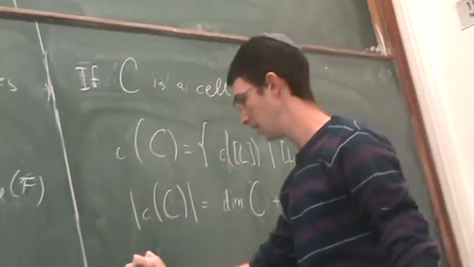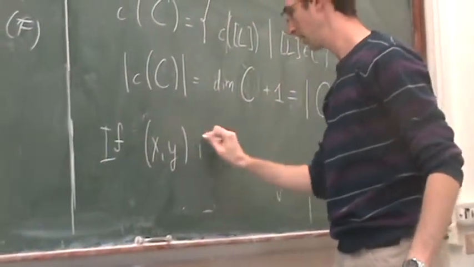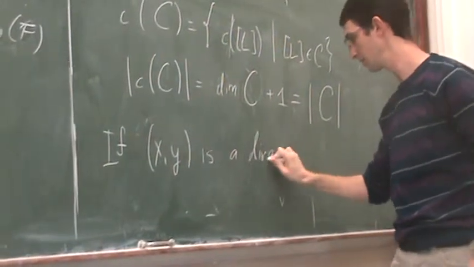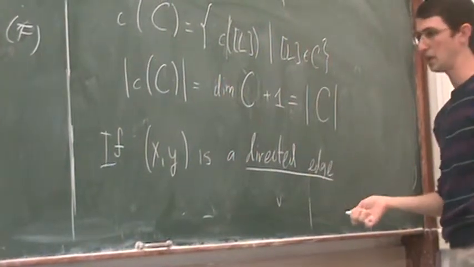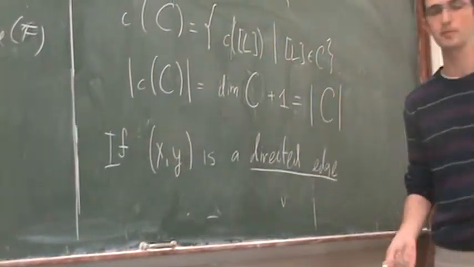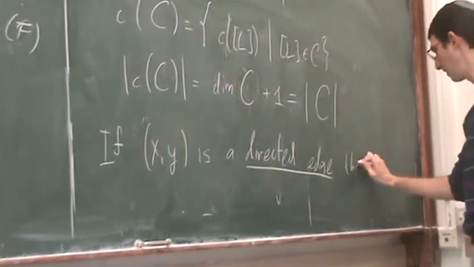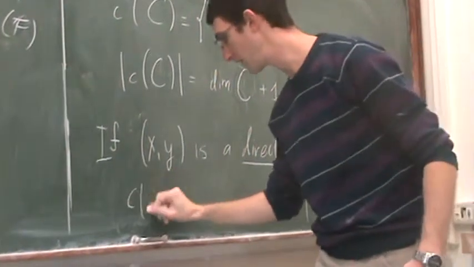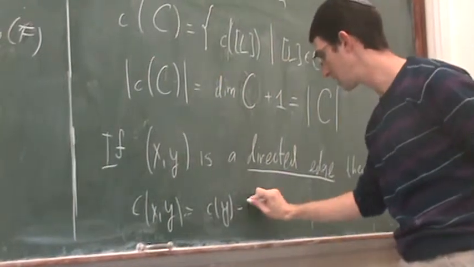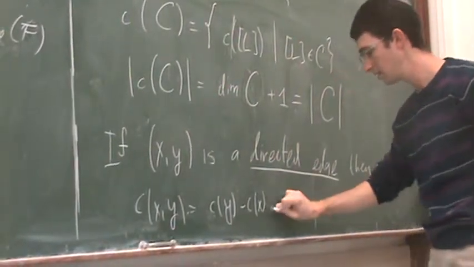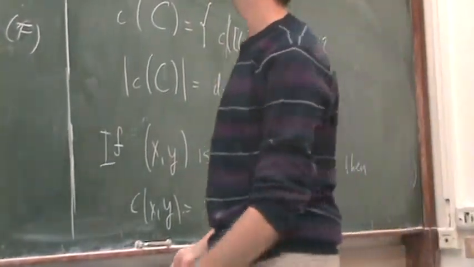Also, if xy is a directed edge, meaning x and y are adjacent and I just put x in front of y, then the color of xy is just the color of y minus the color of x. This is also a useful definition.